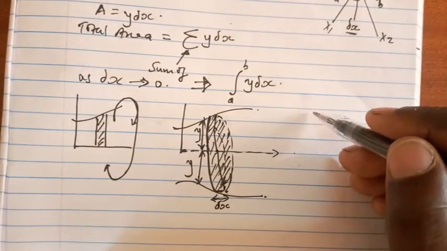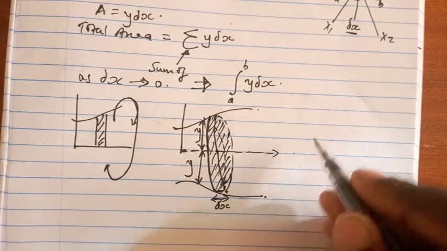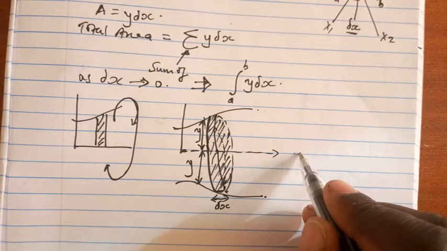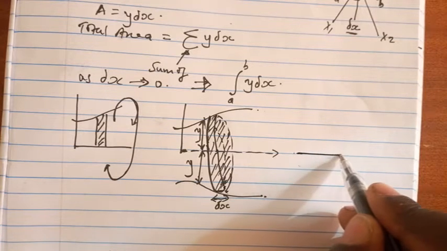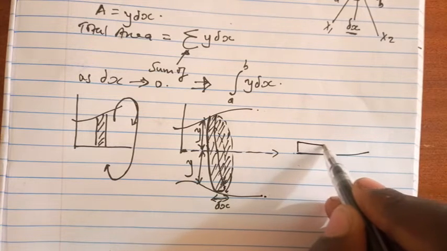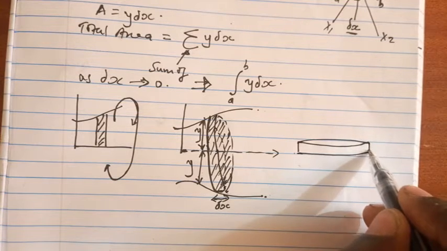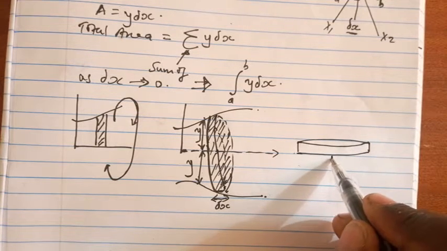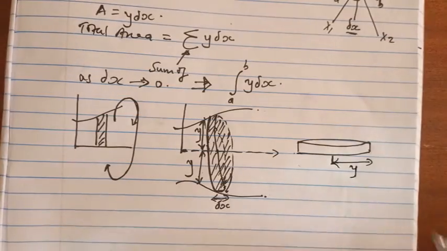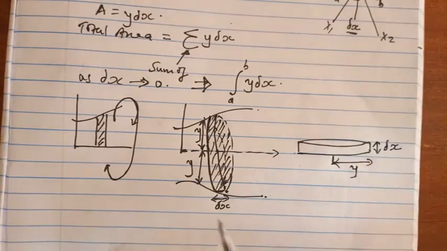If we may want to have this cylinder drawn differently, we are going to have it look like this, and this is the x-axis, so this part, that is y, and this part is now the dx.